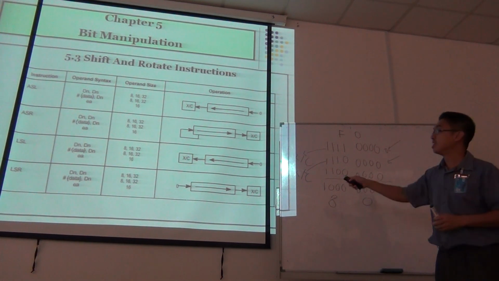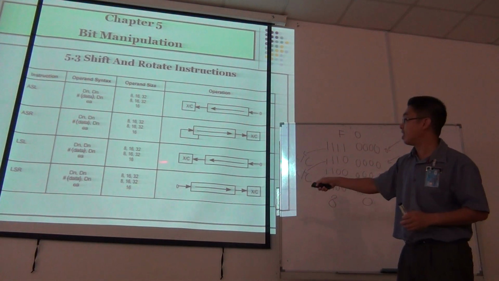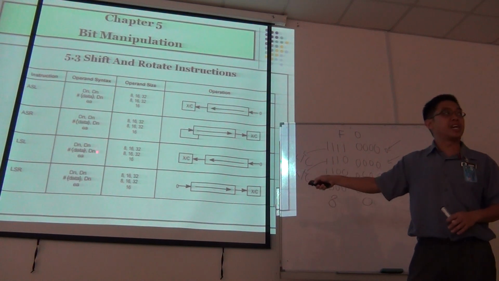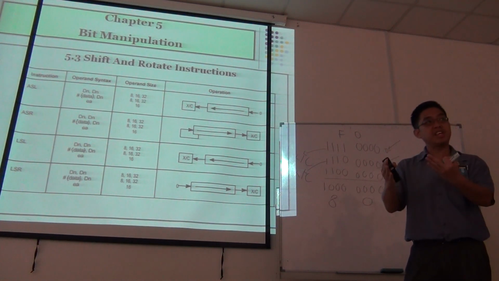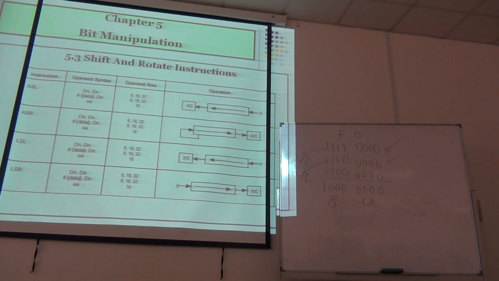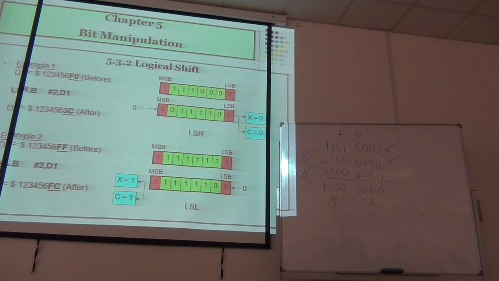Okay, next one. This one is logical shift, logical shift right and left. You can see that this is the same as the common thing, very simple. Shift is just shifting and copying over. So you can look at any questions. Now this is the command.